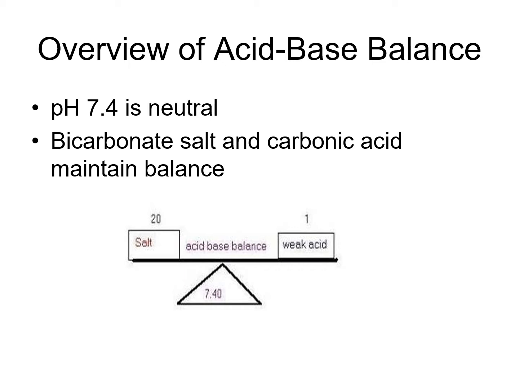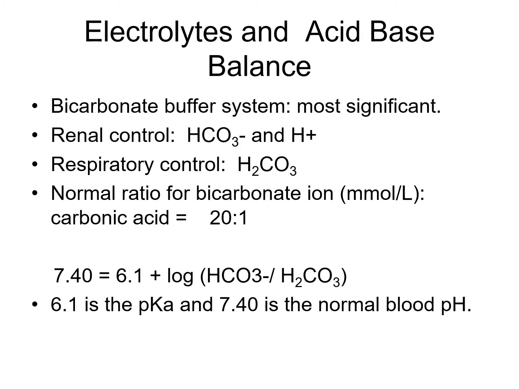But of course, there are other factors that can control this pH level. For example, the protein levels in the blood plus the hemoglobin buffer system, they are also responsible for controlling the acid-base balance. So this is the most significant.